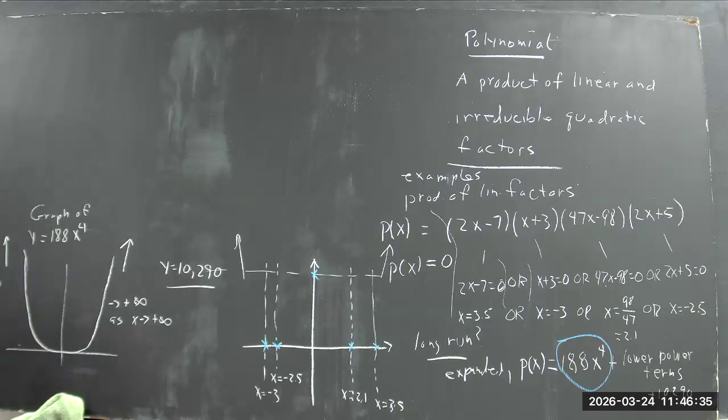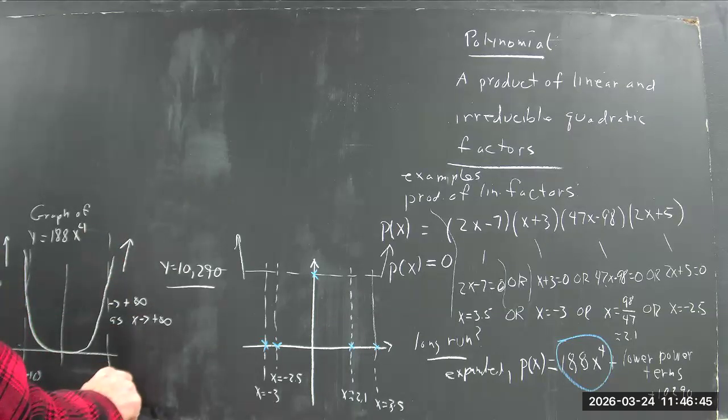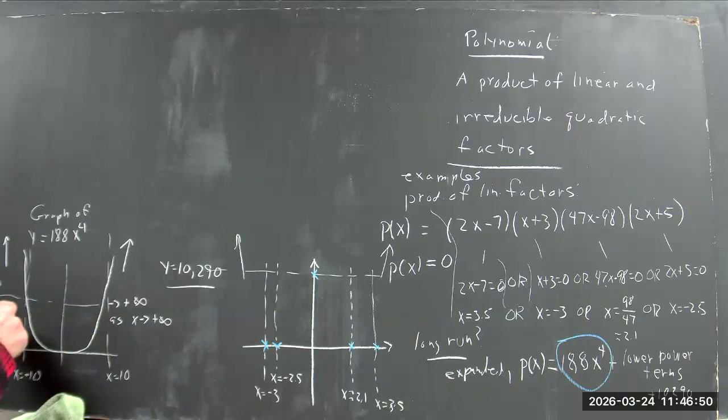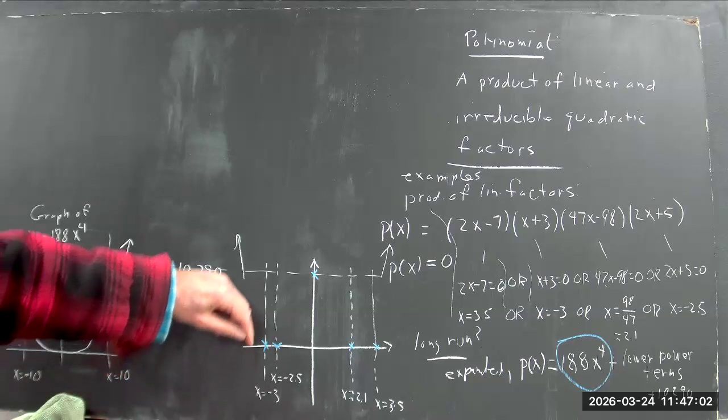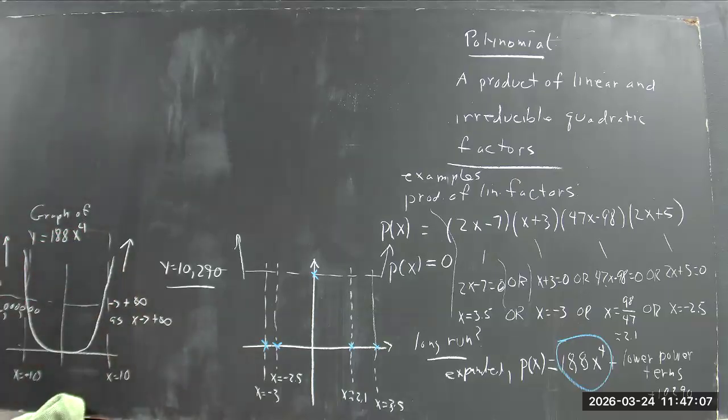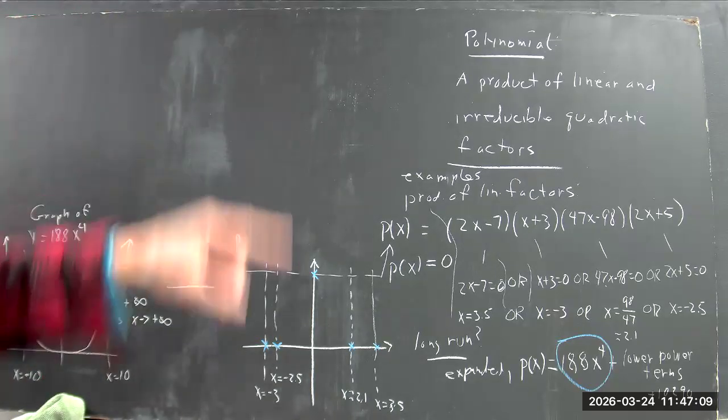So maybe x equals negative 10, x equals 10, and y equals 2 million. You don't really need those numbers, but you want to understand that these numbers are really huge if we go out as far as negative 10. On the scale of this graph, if negative 3 is here, negative 10 is about here, and it's going all the way up to 2 million. So you know it's going up that way.